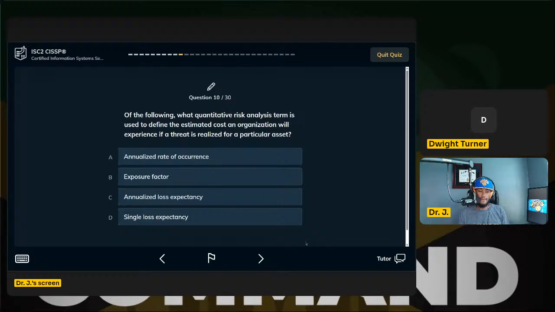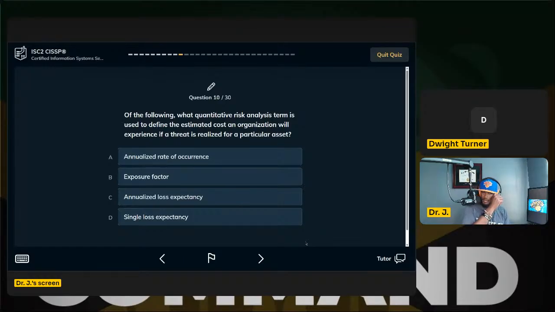That's gonna be your exposure, right? Yeah, that's what I'm looking at, because everything else is Alpha and Charlie. I mean, they're not asking for anything annual.